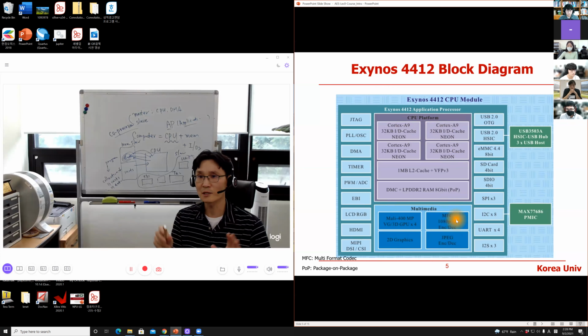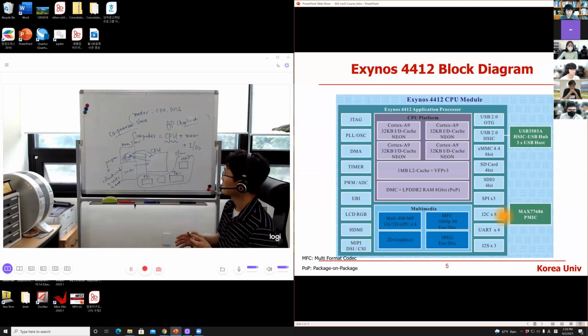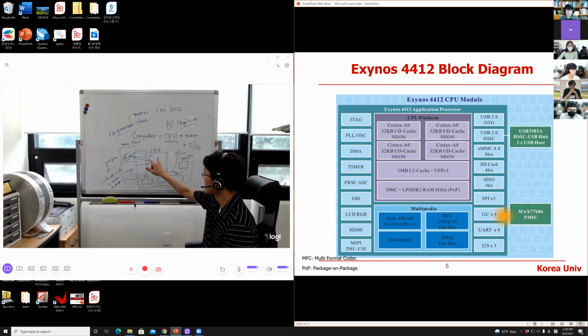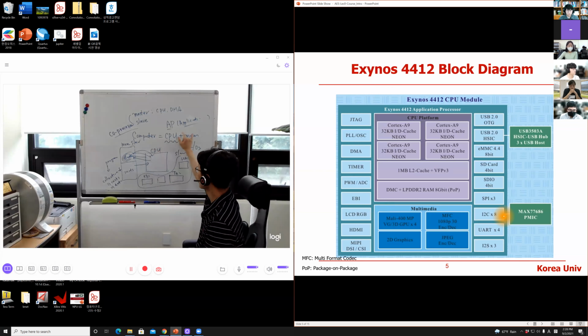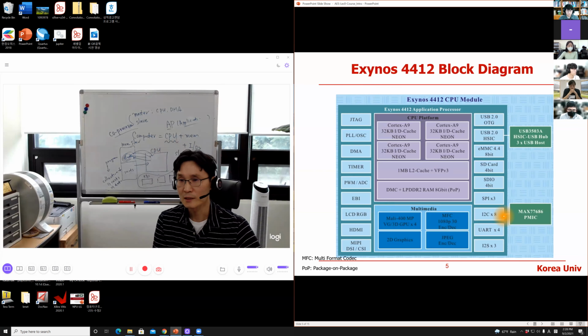So this is a block diagram of an Exynos application processor. Again, I want to emphasize embedded system: CPU, memory, IO devices.